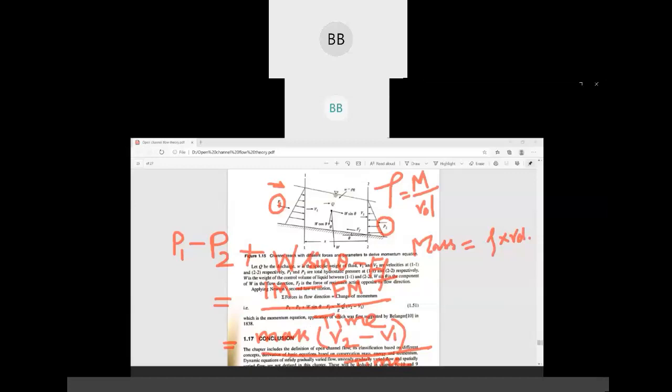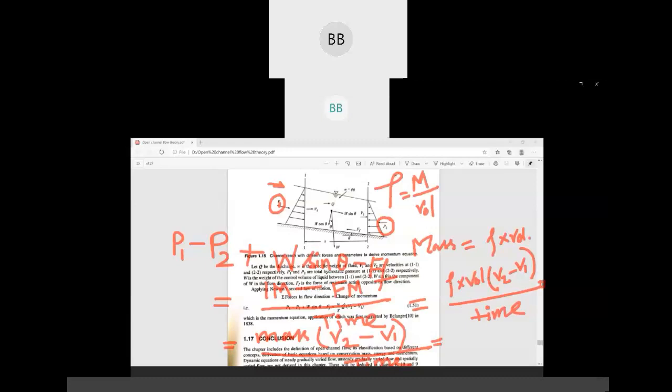So in place of mass, we are going to write density into volume, and then we have v2 minus v1 divided by time. Here we have mass into v2 minus v1 divided by time, so in place of mass, we substitute density into volume.